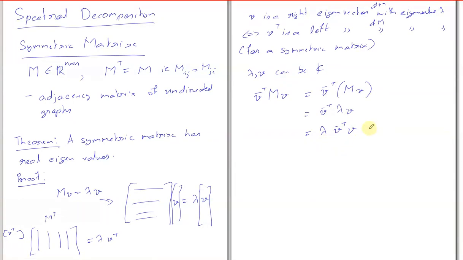It is the dot product of V with itself. This is the complex dot product, so you are also taking the conjugate. This is the inner product of V with itself over the complex numbers. Now let's do it the other way.